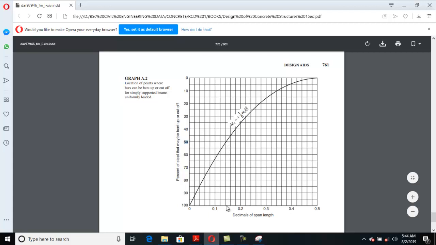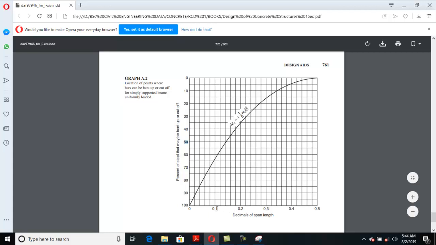Once you come down, let's say this point is 0.1, this point is 0.2, so these divisions are 10: 1, 2, 3, 4, 5, 6, 7, 8, 9, 10.